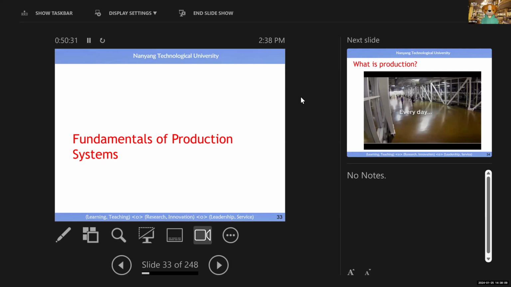So either you can purchase all the key components or produce all these key components in-house, right? Once all these key components are ready, then the previous video showing you the last activity in the production line is to do assembly, right?